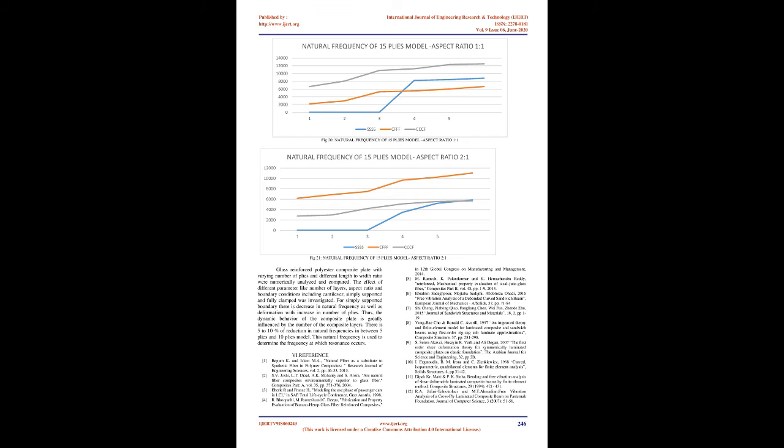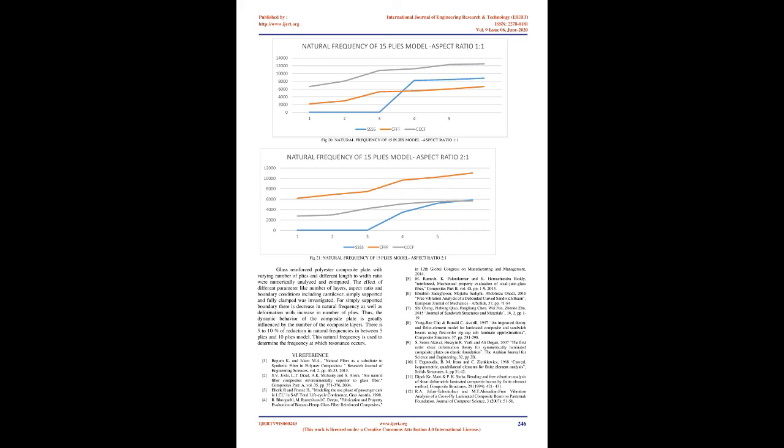4. Modeling of composite plate. The figure below shows the composite plate with different aspect ratios. Results and discussion. Modal analysis. Natural frequencies of the 5-ply composite plate with aspect ratios of 1:1 and 2:1 are calculated using numerical analysis and SI.